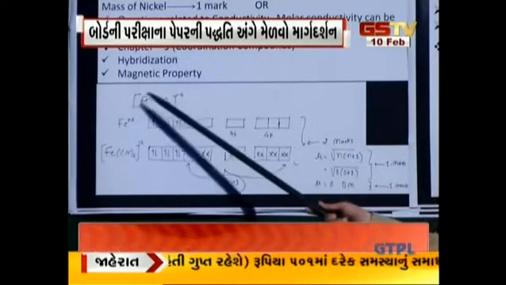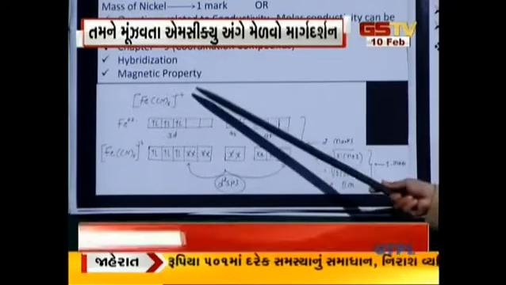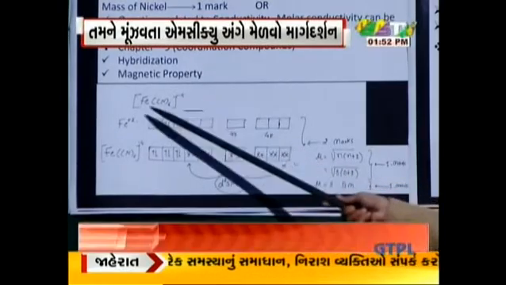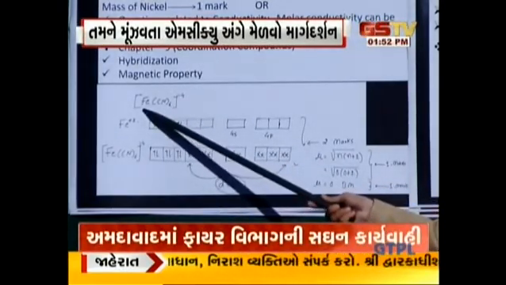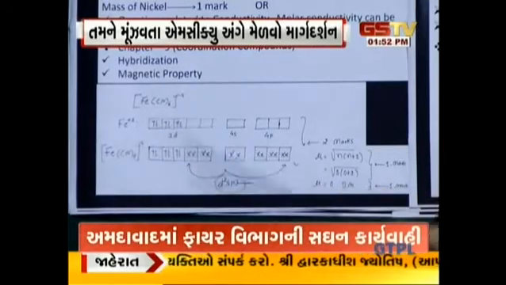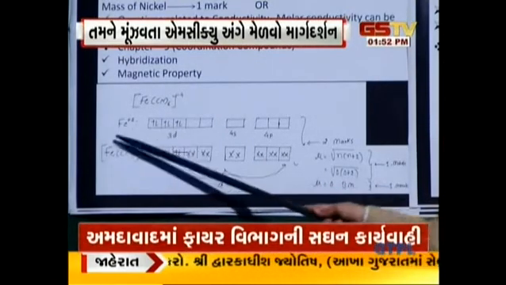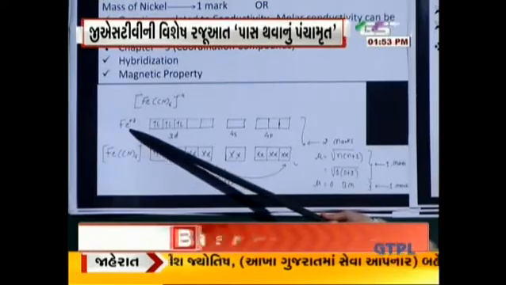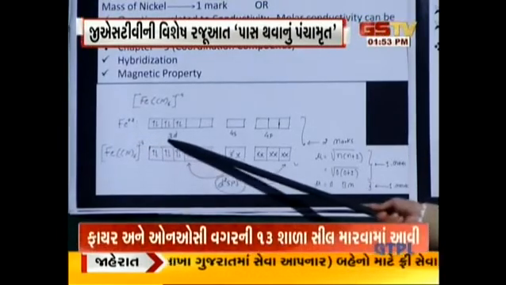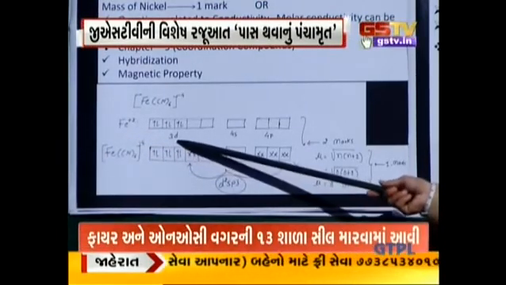So it will convert into plus 6, and plus 6 and minus 4, that means Fe has plus 2 oxidation number. Okay.